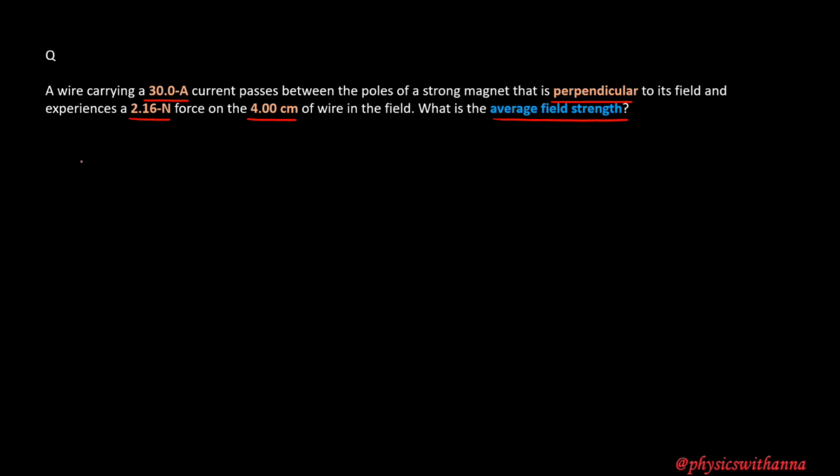So here in this question, we have the current in the wire, which is 30 ampere, and it is placed between the poles of a strong magnet that is perpendicular to its field. So the angle theta is 90. It experiences a force of 2.16 Newton. The length of the wire is 4 centimeter, which is 0.04 meter. We need to find what is the magnetic field strength.